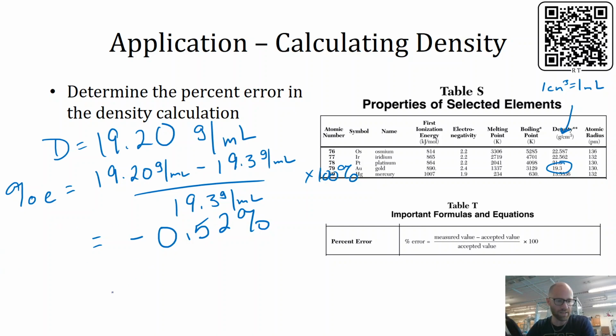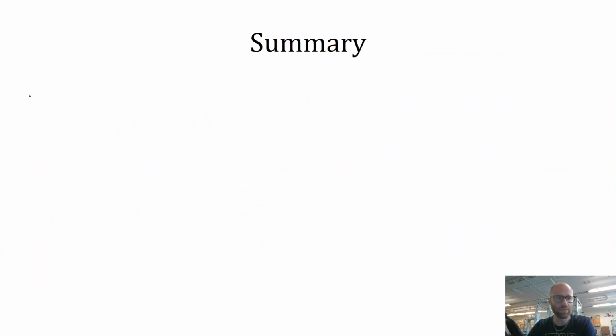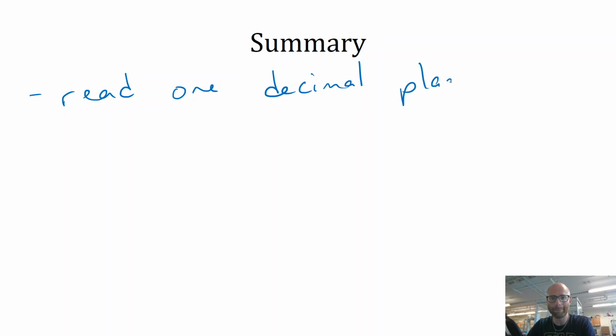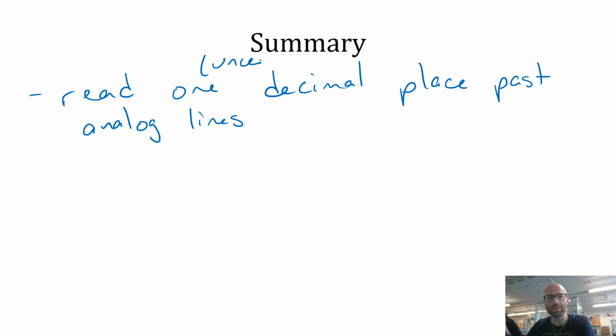So to sum things up, read one decimal place past analog lines. This one decimal place is sometimes known as the uncertain digit, where the other digits that you got from the actual analog lines are called certain digits.